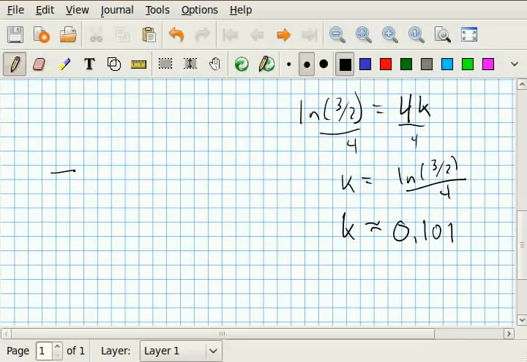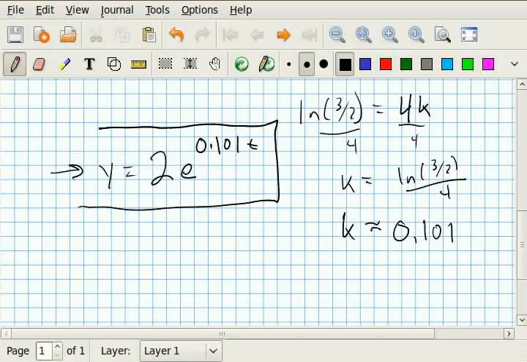So the conclusion is that our function here is y equals 2 times e to the power 0.101t.